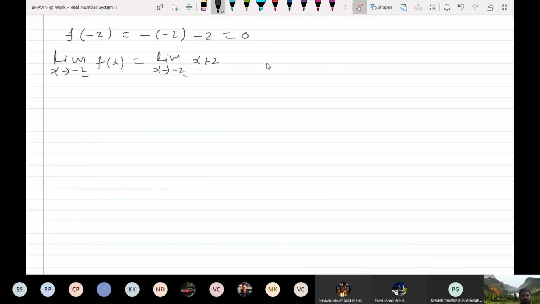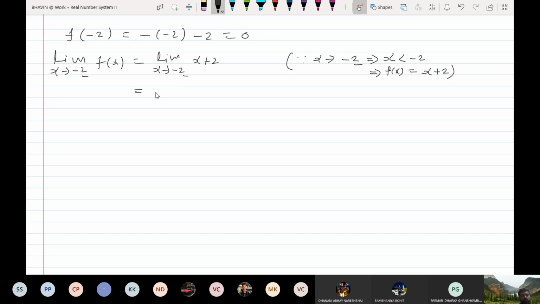The reason is this: we are approaching x tends to minus 2 minus. This implies that x is less than minus 2. This implies that definition of f(x) is x plus 2.